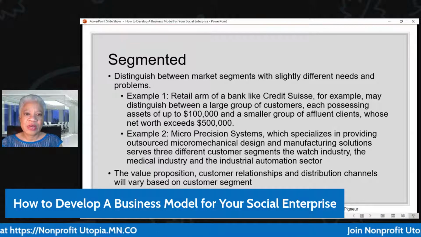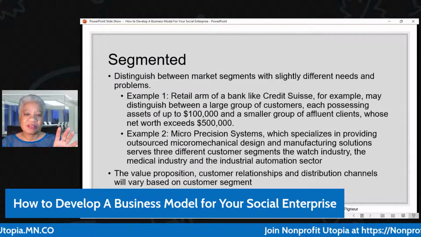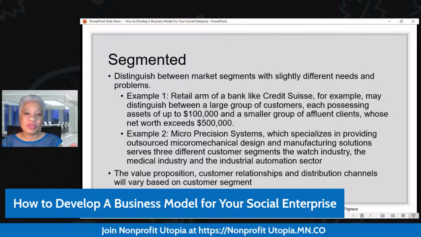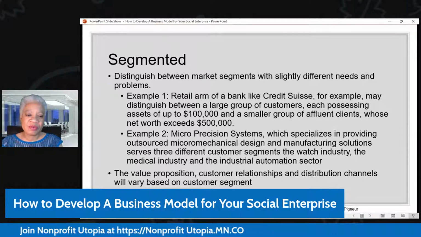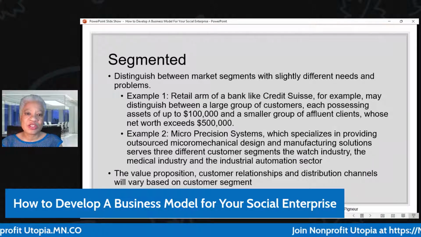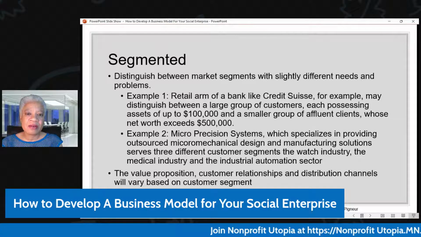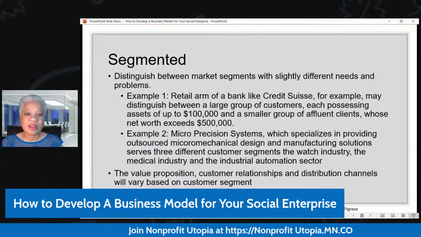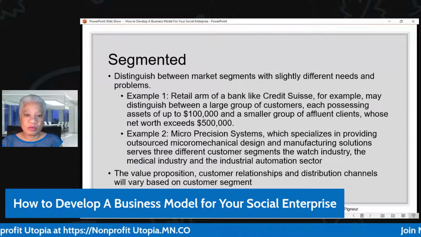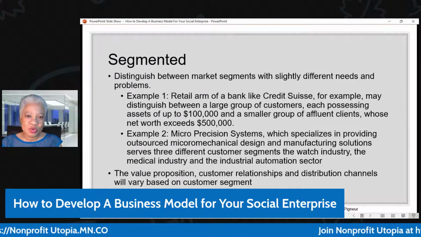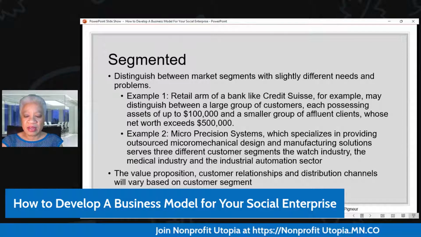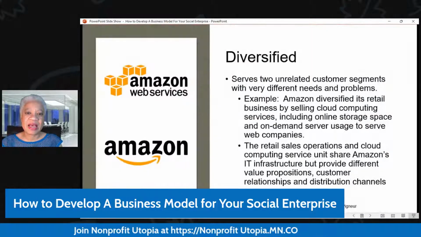All right, so again, these are similar products, but they have different value to different customers, different ways that they use these products. So your customer relationships, meaning the way you acquire the customers, the way you service the customer, is going to be different based on the value proposition and based on the use of that product. Your distribution channels are going to vary, all of that based on the customer segment and how they're using your product.